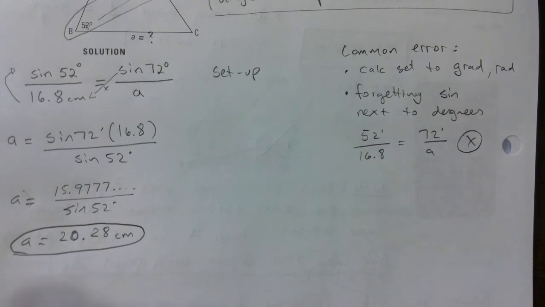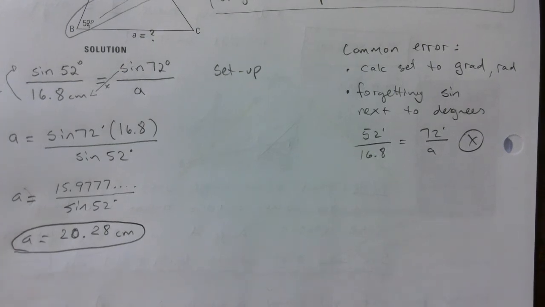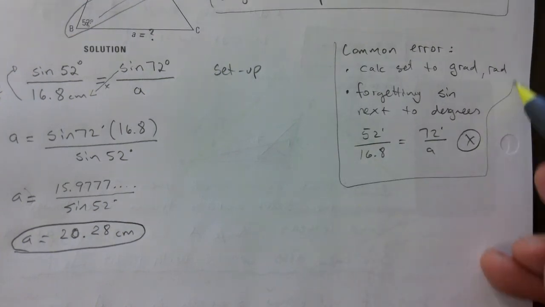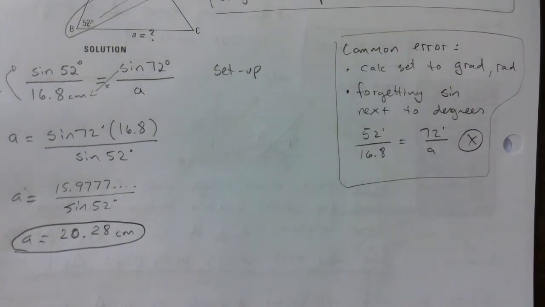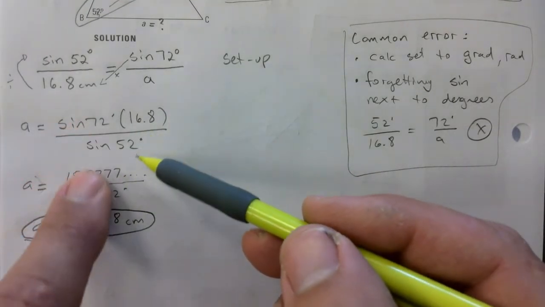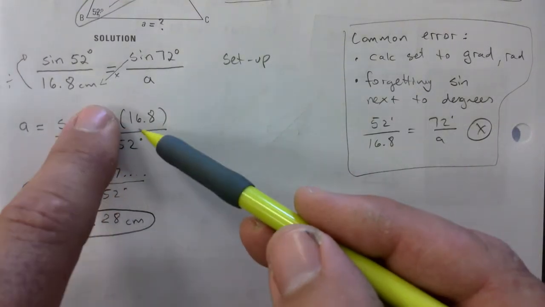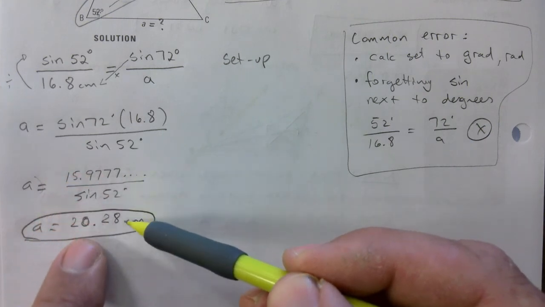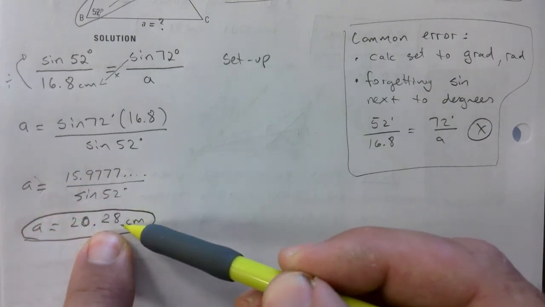That will not work for you. Okay? So those are the common errors. I'm just going to put that on the side here. I want you to use, if you're not using all the decimals, at least 4 as you're working, and then round final to 2, right?